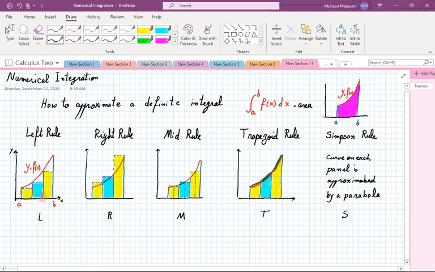That would be an approximation for the area that you had in mind. So the idea is very simplistic and at the same time extremely powerful.